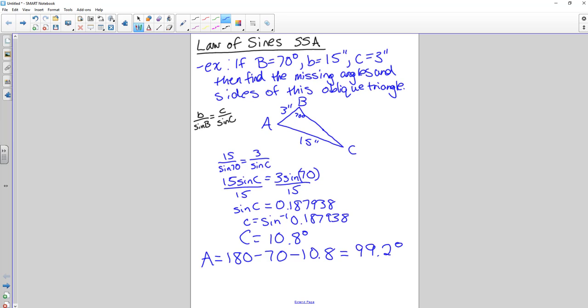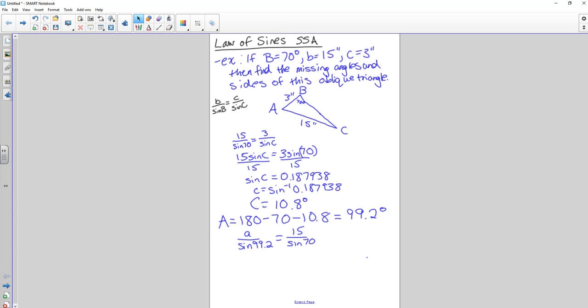So now that I have angle A, now I can use the A ratio. So a over sine of A, which I now know is 99.2, equals, now I really could use both ratios. It's a good idea to just go back to the one we were originally given: 15 over sine 70. So now when I cross multiply, 15 sine 99.2 equals a sine 70.